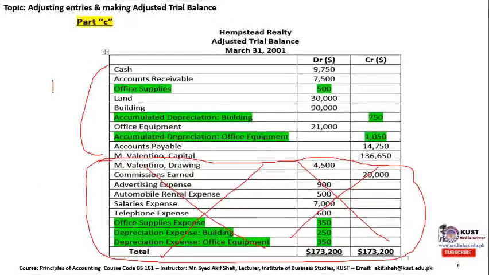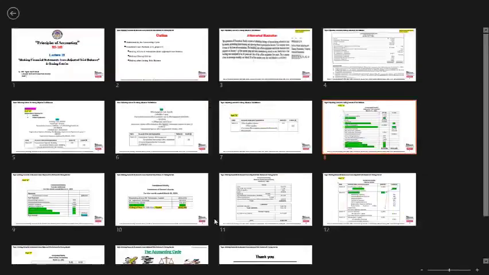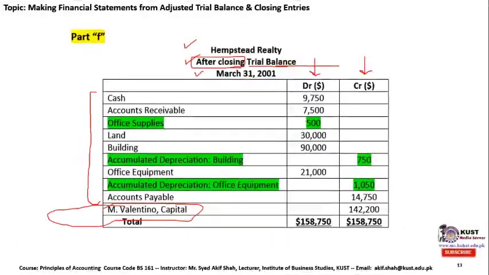So let's move ahead towards the adjusted trial balance. We have to select the same data available in the debit and credit columns for these titles. However, for the owner's equity or capital section, we have to select the data from the statement of owner's equity. So you can counter-check that the same values have been written down in our after closing trial balance.